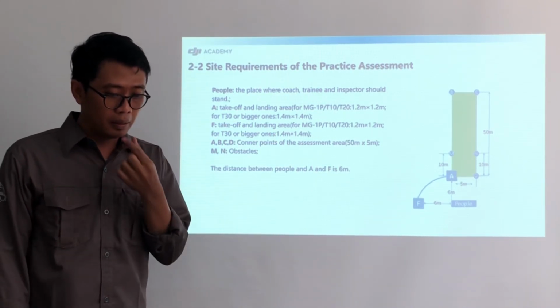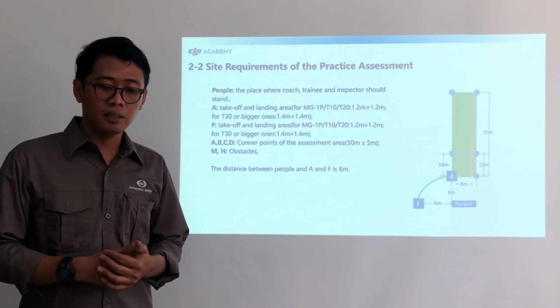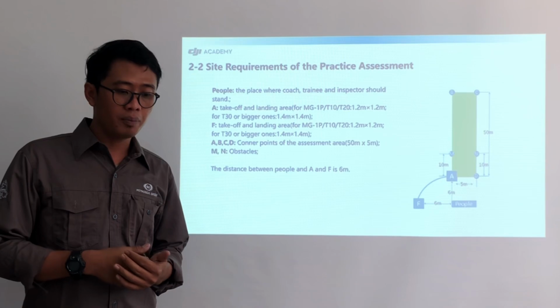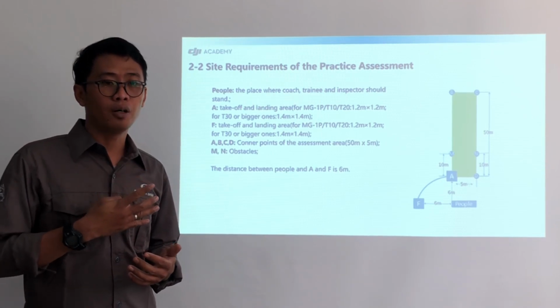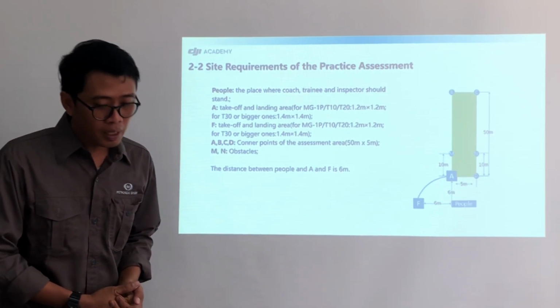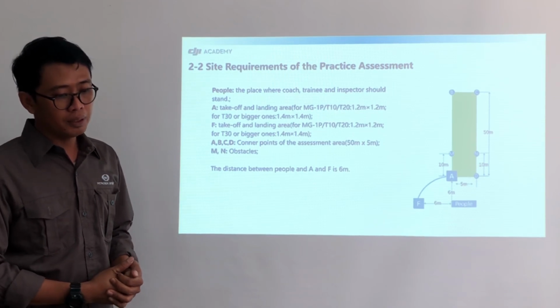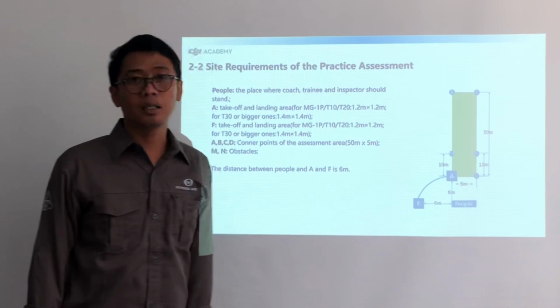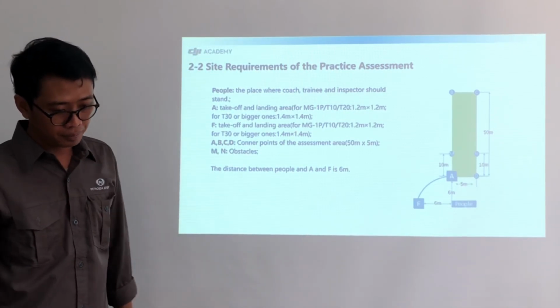For MG1P, T10 or T20 it is 1.2 meters square, or for T30 or bigger ones it is 1.4 meters square. A, B, C, D mean the corner points of the area.